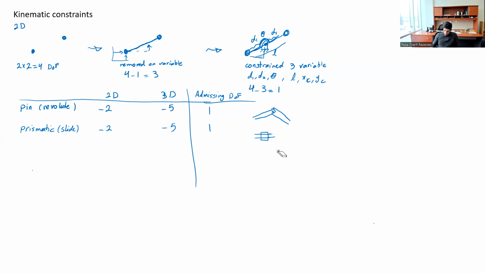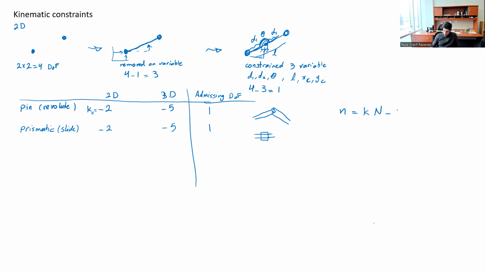So what you can do, if you remember we had this n times k, n being the number of objects and k being the degrees of freedom of each object. For a rigid object in 3D, that was 6 times the number of total objects, and then start subtracting this kc, the constrained degrees of freedom.